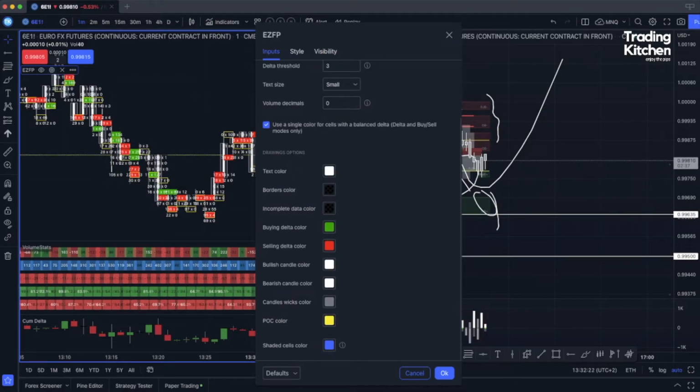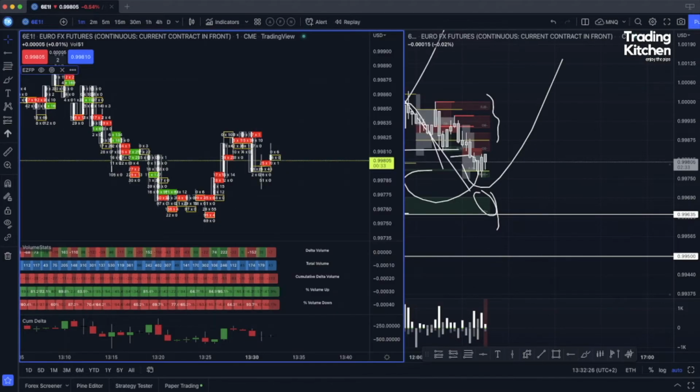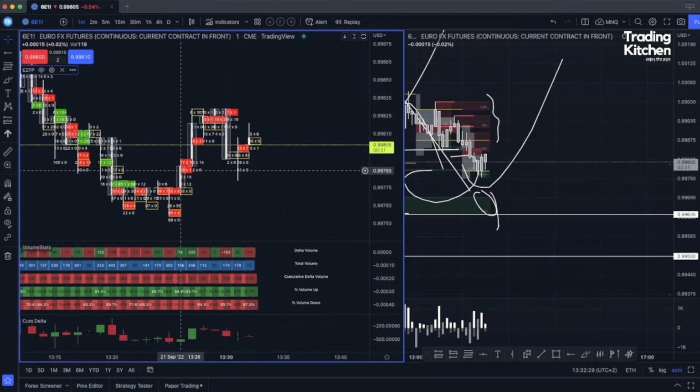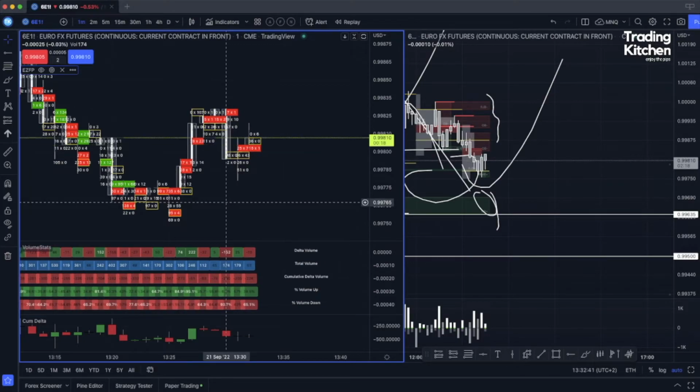These are my settings. And as you can see, you have to adapt the settings to the instrument, just because the tick size changes. For example, on Nasdaq I use a size of 5 per bar, and for Euro futures I use 1.